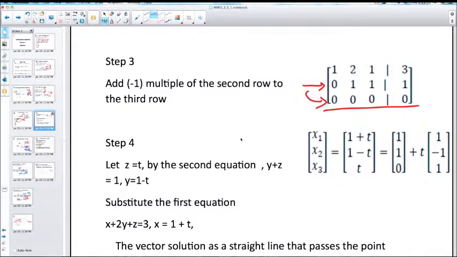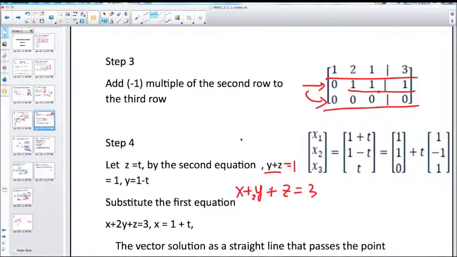In the end, you got 2 equations. Reading the second line, the first equation means y plus z equals 1. And the other equation means x plus 2y plus z equals 3.